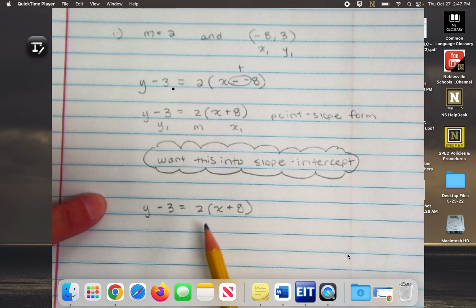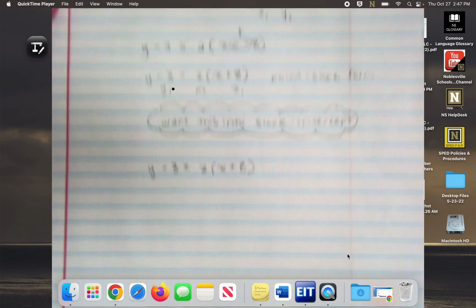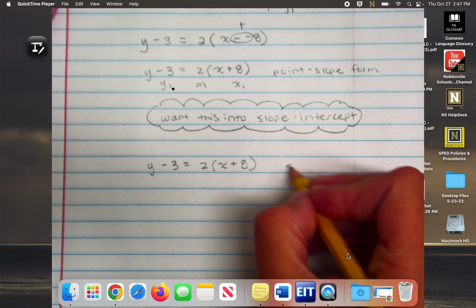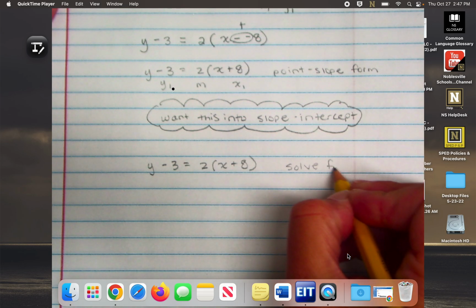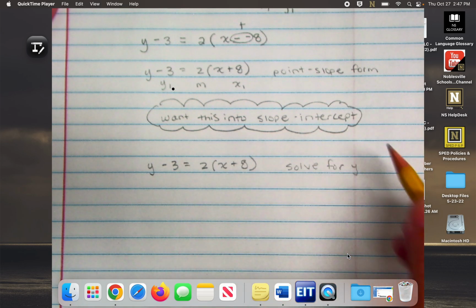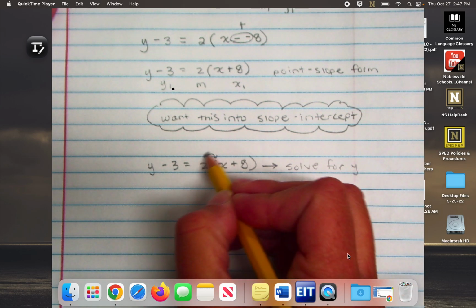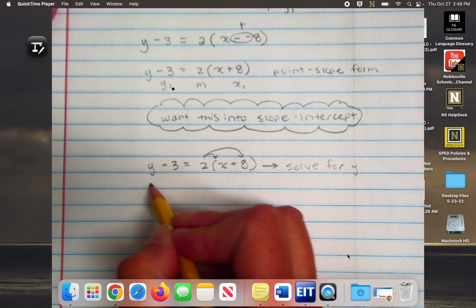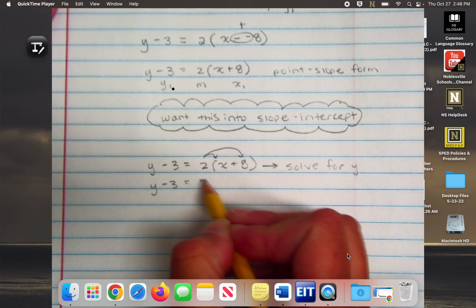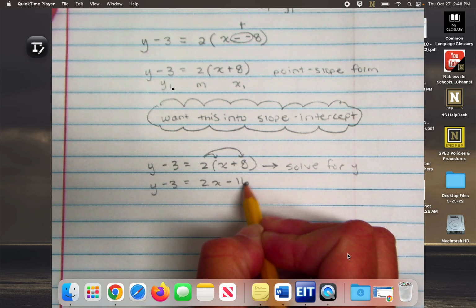Okay, so I'm going to take my point slope form and solve for y. So I'm going to distribute the 2. So I now have y minus 3 equals 2x minus 16.